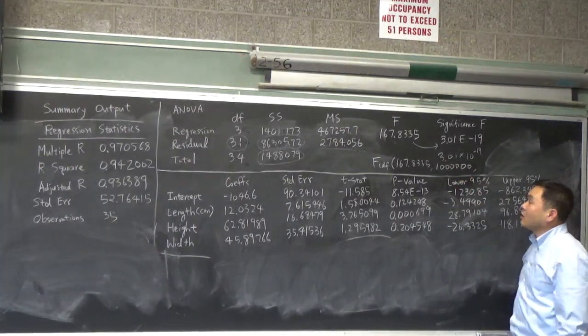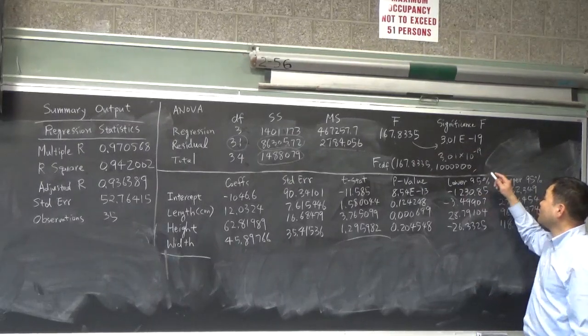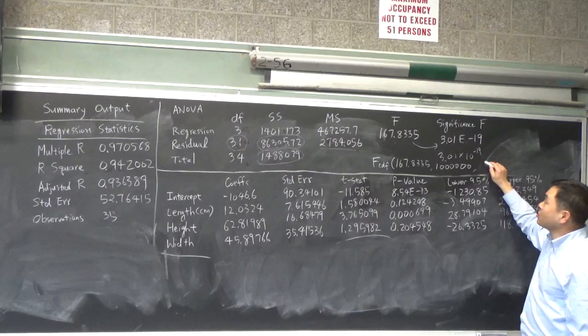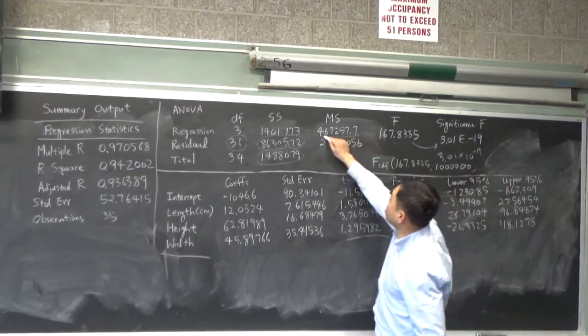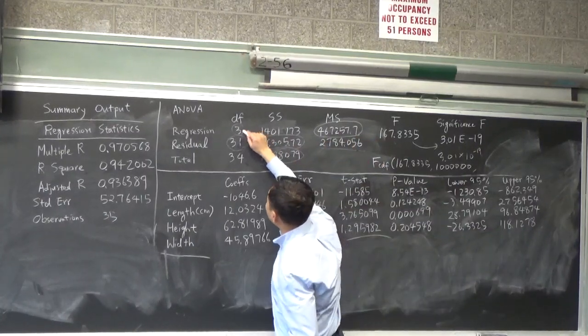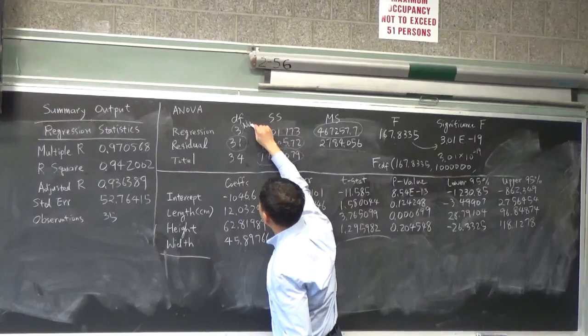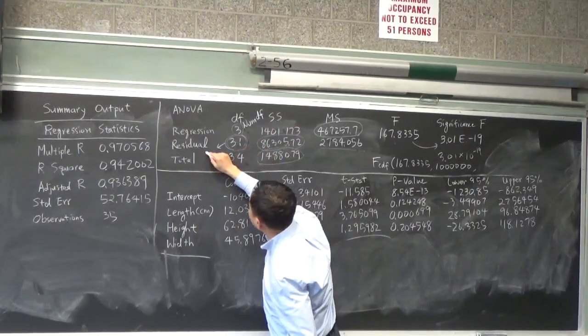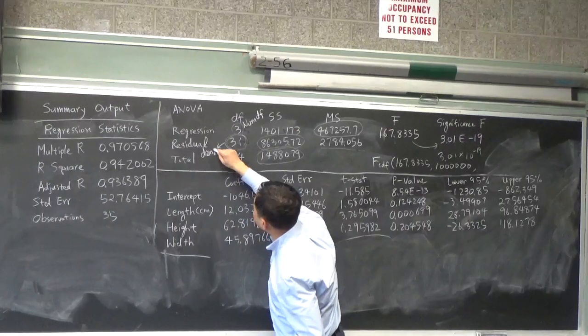And then to get this number, you need the numerator degrees of freedom, which is, what's our numerator? This is the numerator, right? What's the degrees of freedom to get this one? This is 3, right? So this is the numerator degrees of freedom. Whereas this one down here, this is denominator degrees of freedom.